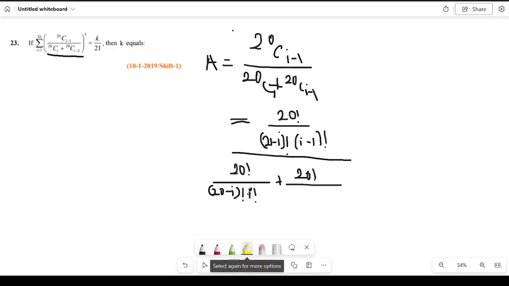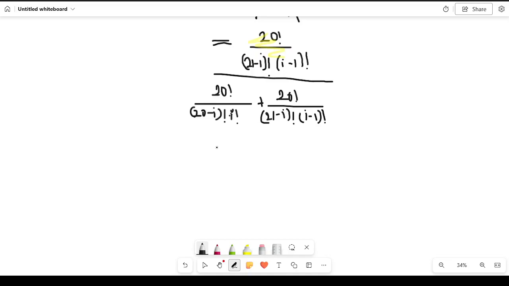Since they are the same terms, you'll get the same value. So this will be 20 factorial upon 21 minus i factorial times i minus 1 factorial.